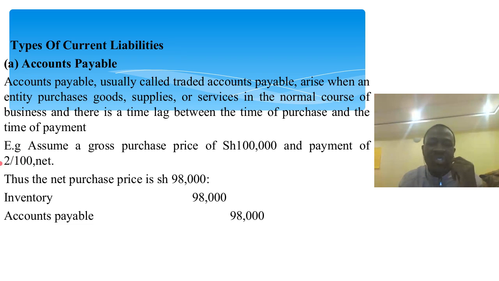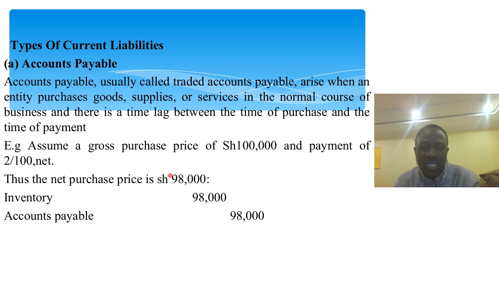If you subtract 2 from 100, what remains is 98. So we'll have 98 out of 100 times 100,000, and that gives us a net purchase of 98,000.